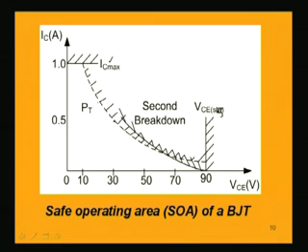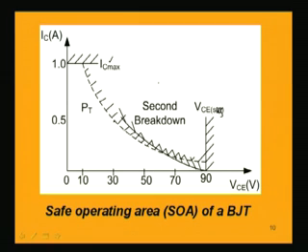And also there is a second breakdown region given by this curve. So the second breakdown also puts a limit on the operating area of the transistor. So at no point of time should we go outside this safe operating area for the BJT, or even if we go out, we should not stay there for long.